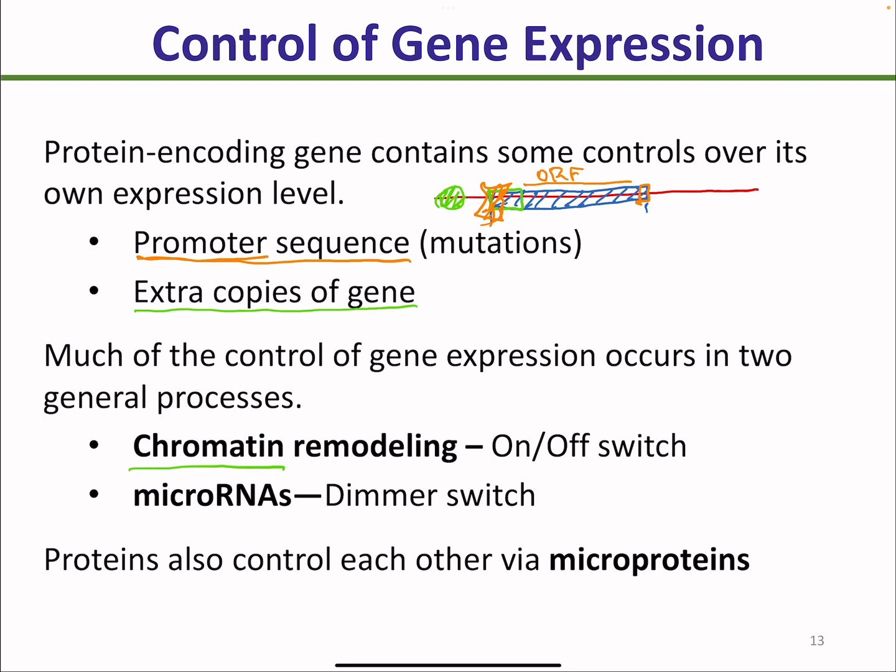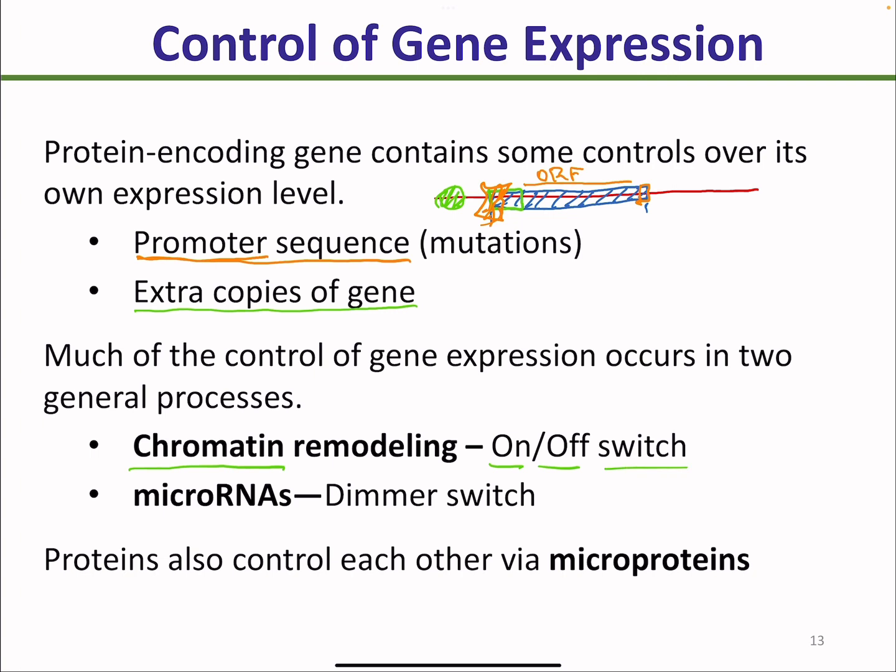And one gene can be exposed in one particular cell while not exposed in another type of cell. So chromatin remodeling is going to work as an on and off switch.